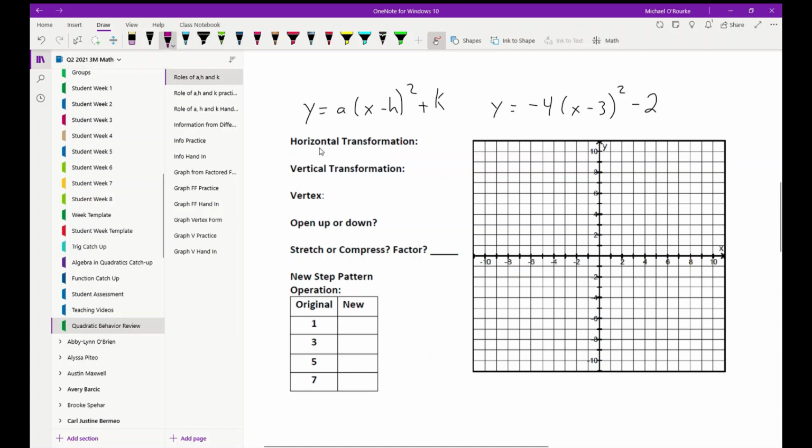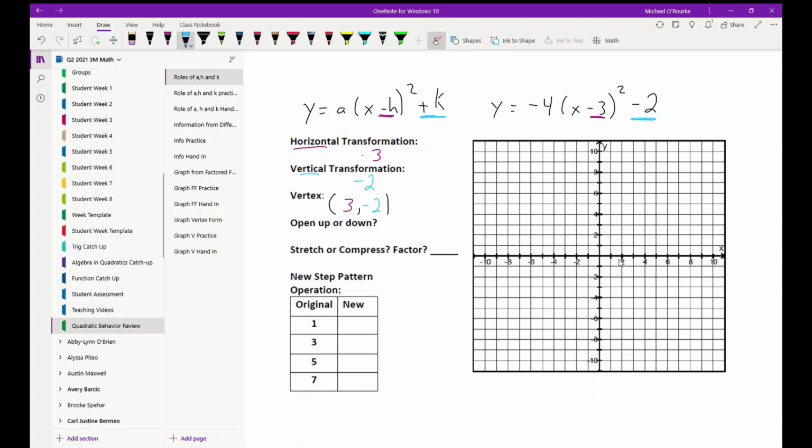If I start here, my horizontal is my h value. Now it looks like -3, but remember, line of the opposite, so it's going to be 3. My vertical is my k value right here, which in this case is -2, making my vertex (3, -2).